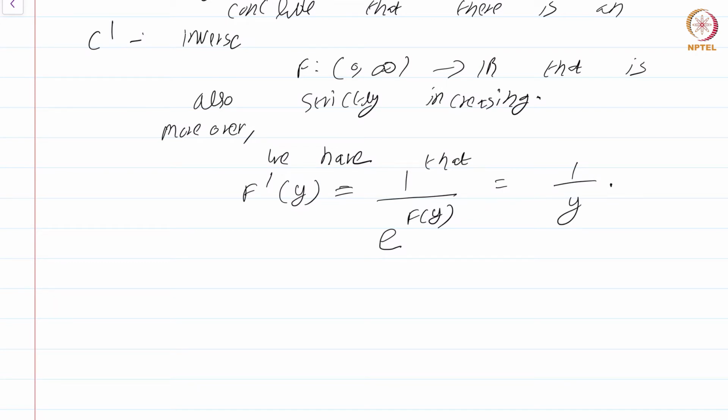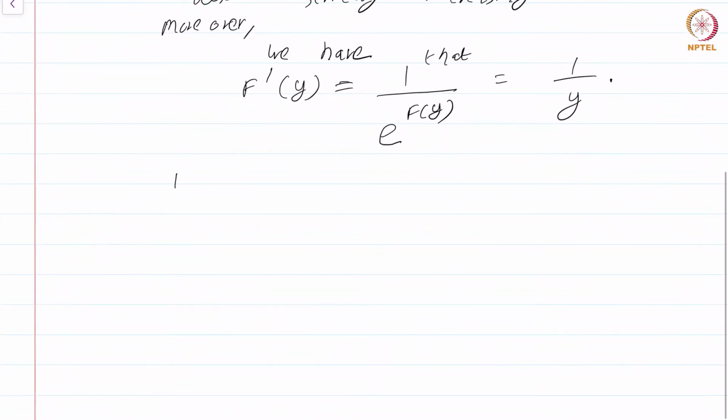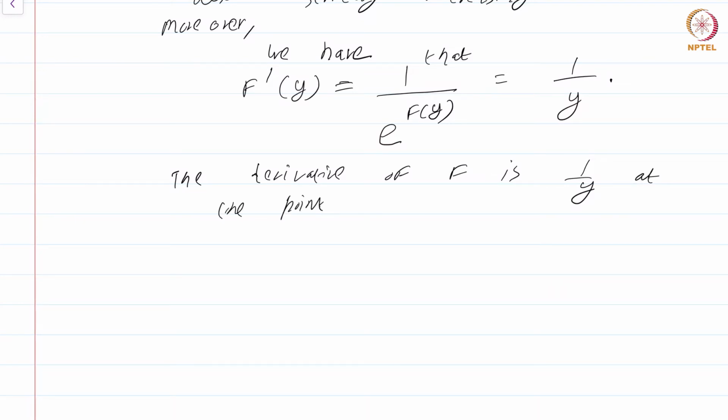Okay. So we have got that the derivative of f is 1 by y at the point y in (0, infinity). We also know that this function f must satisfy f of 1 is equal to 0, simply because exponential at 0 is 1.